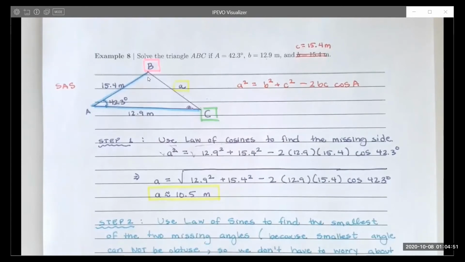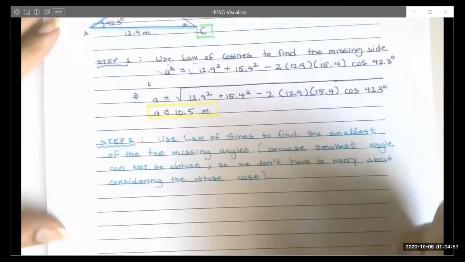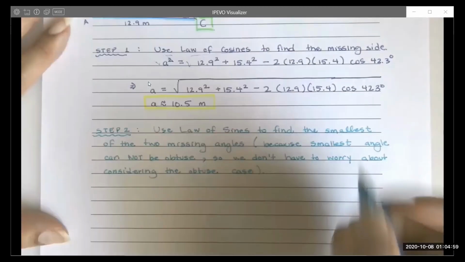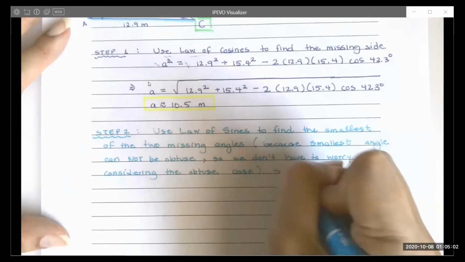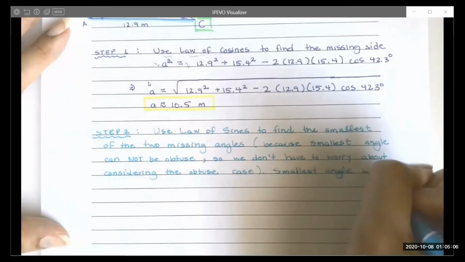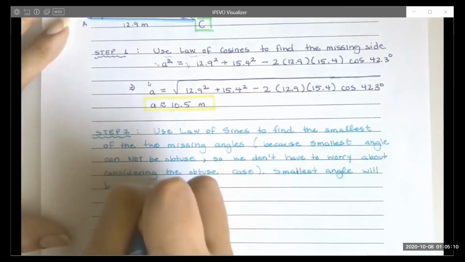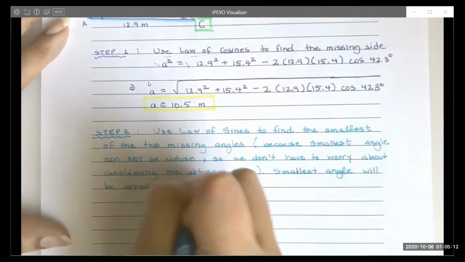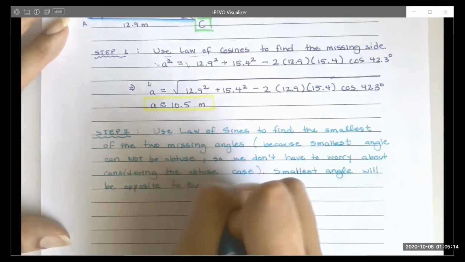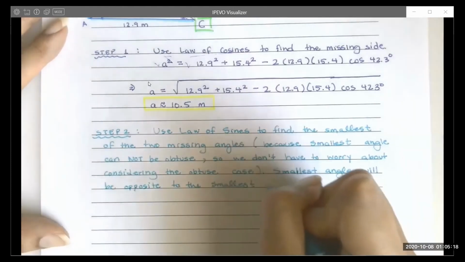So that means that B has to be the smallest angle. Okay, so here I'll write the smallest angle will be opposite to the smallest side.